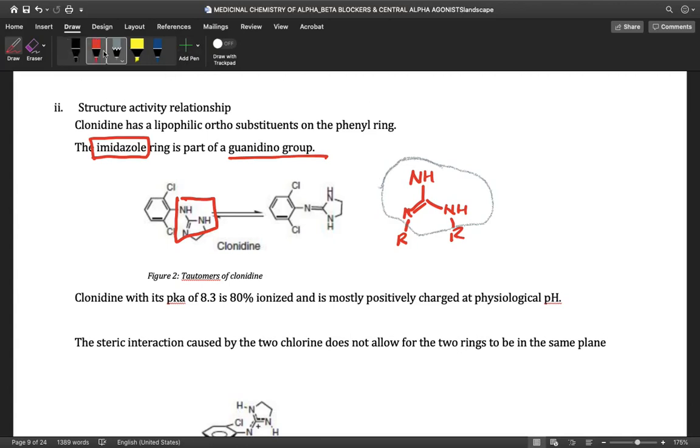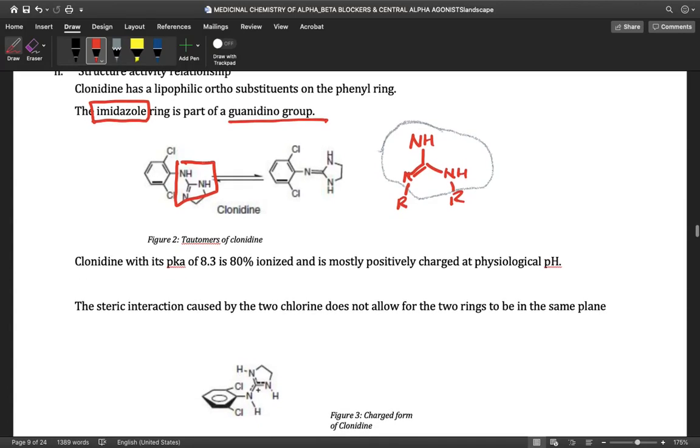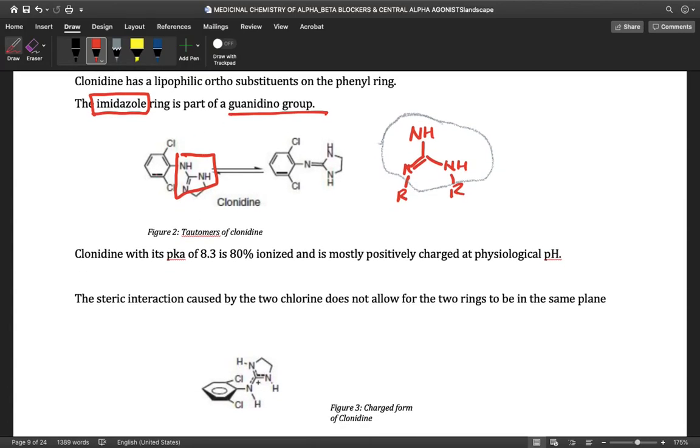All right. So let's keep going here. So clonidine has that guanidino group, and the imidazole ring is part of the guanidino group. Now, when you look at the structure of clonidine, obviously you have this aryl group here, this aromatic group here, and then you have the two chlorines here.